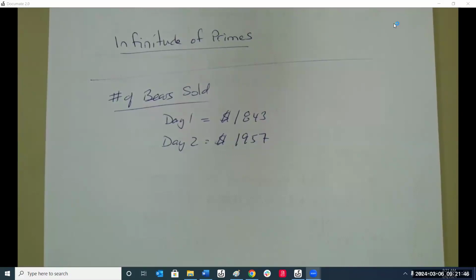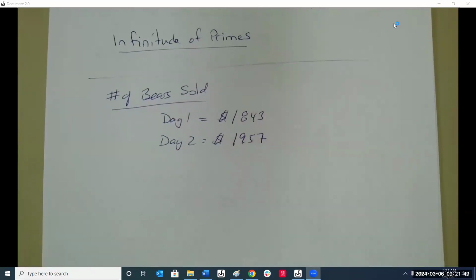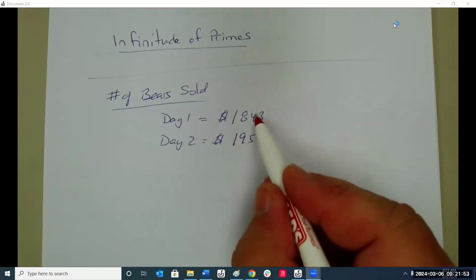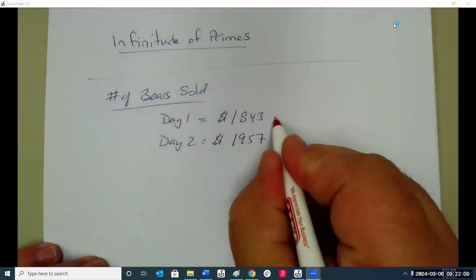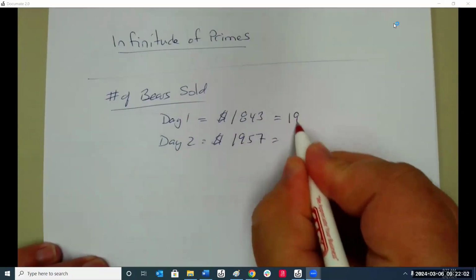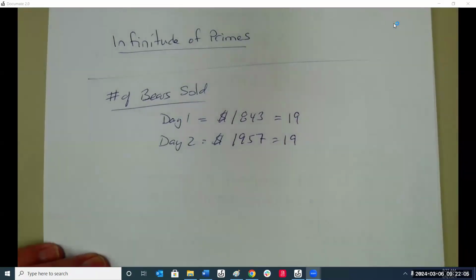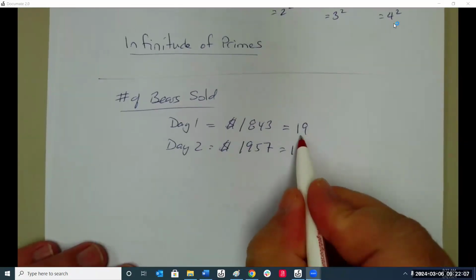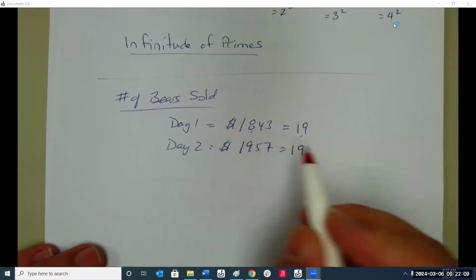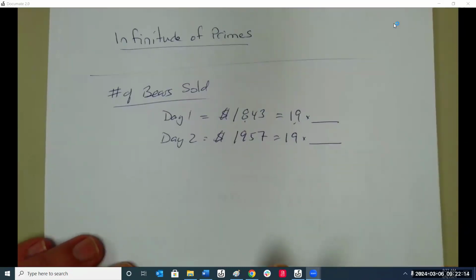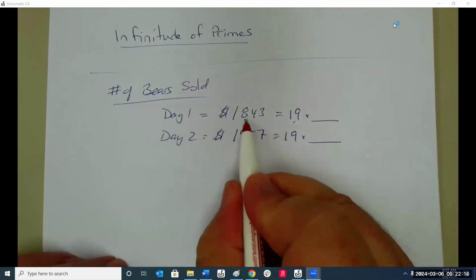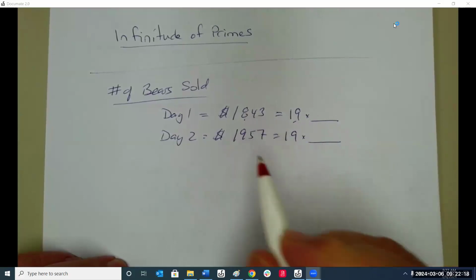What we have to do is take both of these numbers separately and find the largest number that they both have in common. Same multiple in both of these. And when we do that, we're going to see that they both have a multiple of 19 because we're running out of time. So 19 times what is that? How do we figure that? If I want to know 19 times what is equal to this, how would you find that?